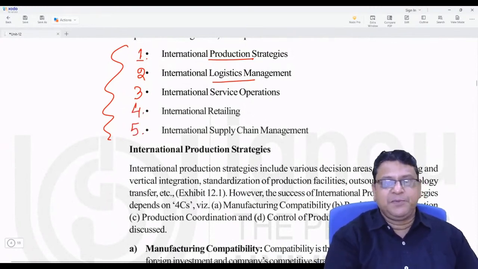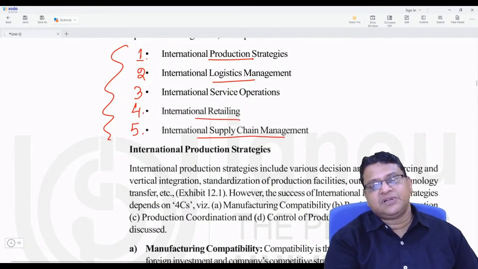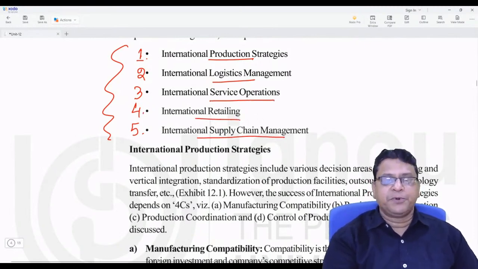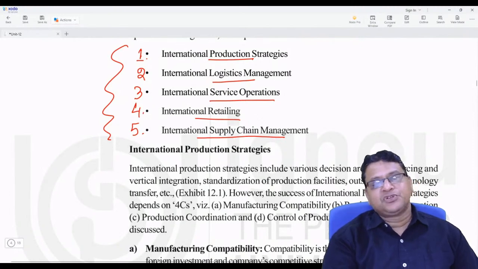These are the 5 important aspects of international operational management. Okay, so we will discuss one by one.